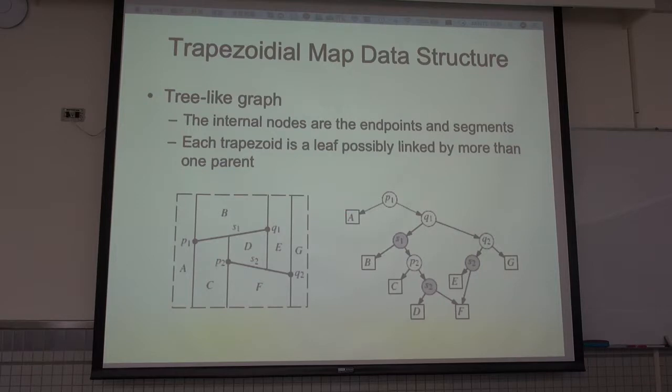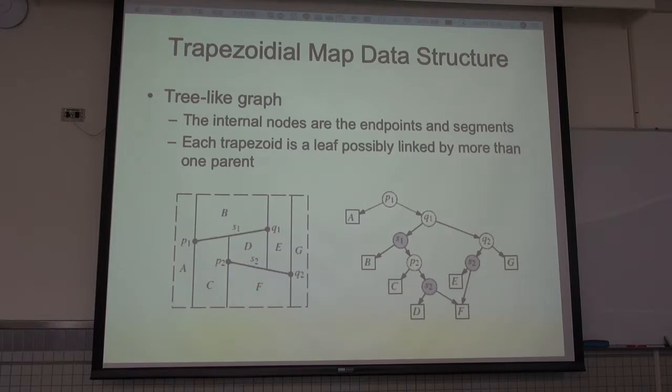In this tree-like data structure, first, the leaf nodes are the trapezoids. You may feel it is strange, because I keep saying this is not a tree, but the next sentence I say the leaf nodes, and leaf nodes only refer to nodes in a tree, right? So it kind of contradicts.